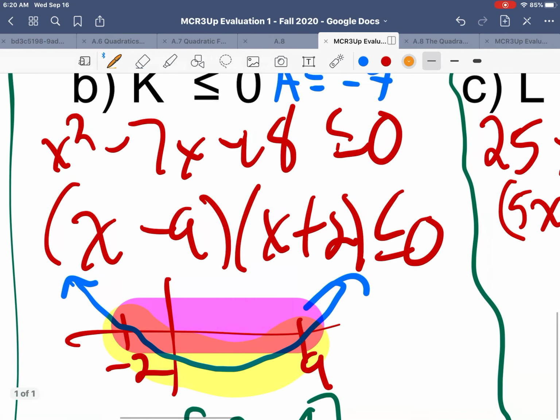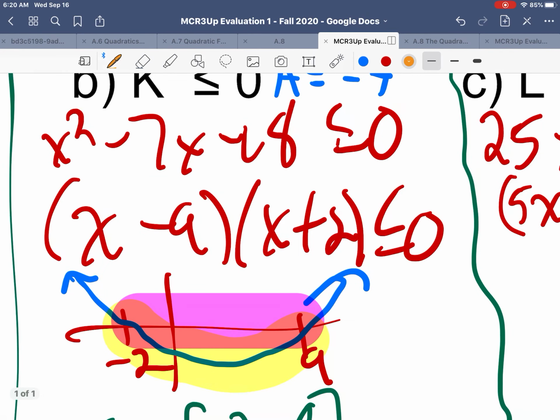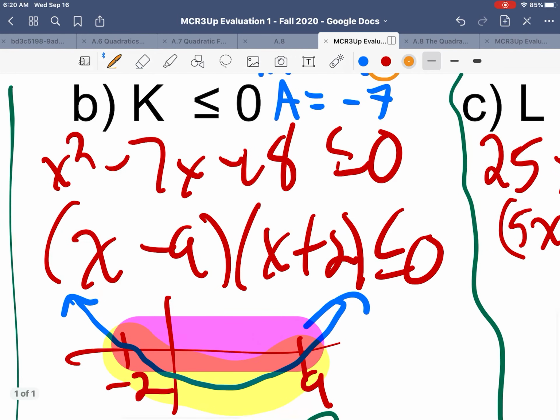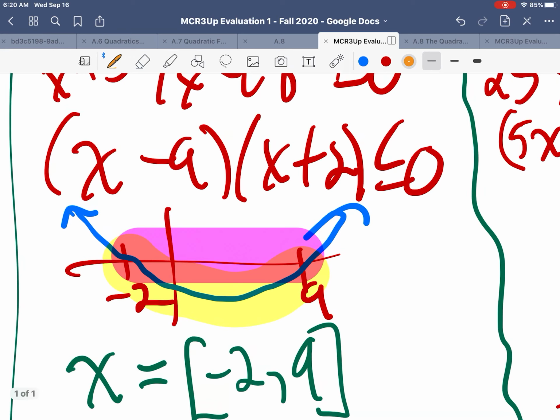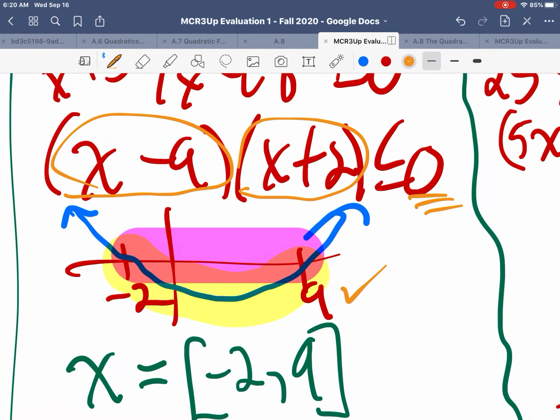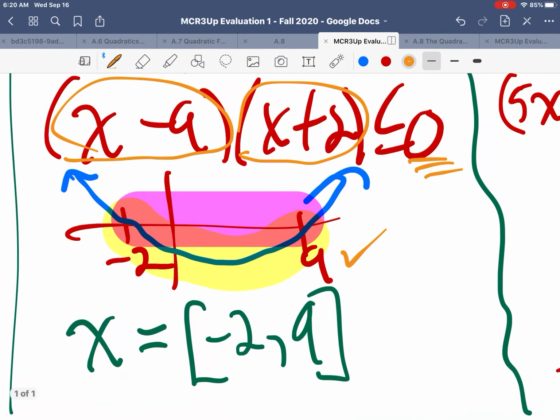So what some of you did is immediately plotted negative 9 and positive 2 as your x-intercepts. But that's not true. That's what goes in your factors. Okay, so then we sketch. If x minus 9 is a factor, by zero factor property, if I want to make the right side 0, what is the x-intercept? It's 9. If x plus 2 is a factor, then negative 2 is an x-intercept.